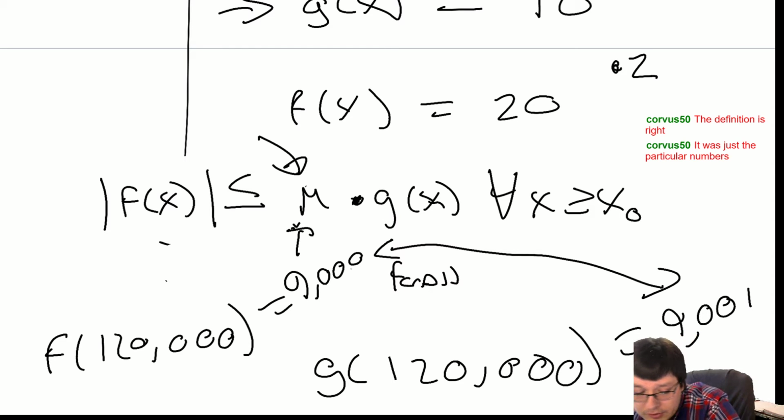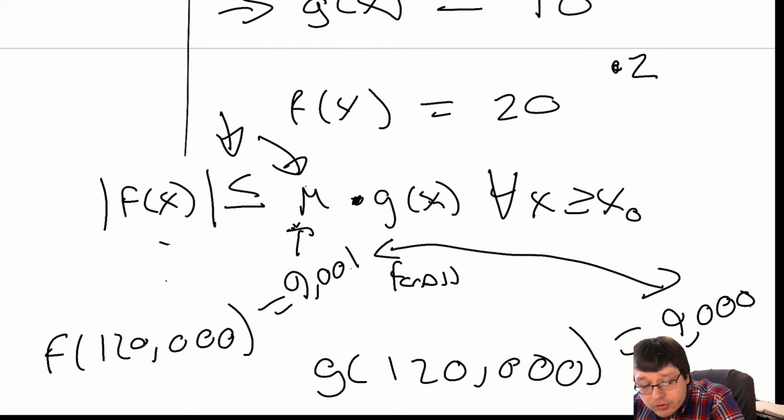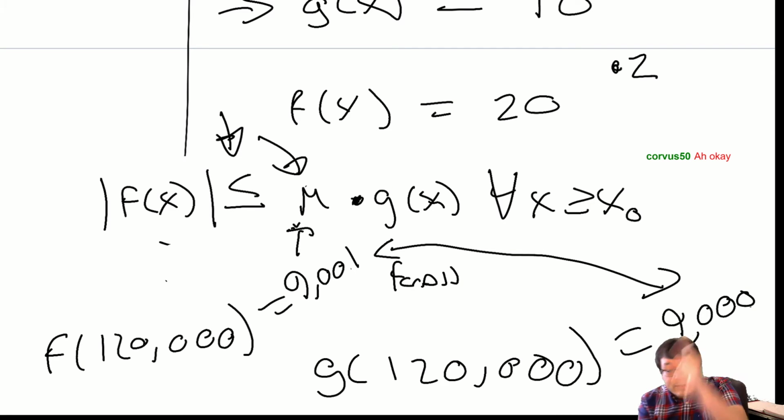So I was okay to say that. So this is 9,001 and this is 9,000. You threw me off. This is okay to say like this. But this thing holds true still because of the m. That's why. So f will have 9,001. g of x will have 9,000. But the m here is going to be bigger to make it okay. Now, what would this be? I don't know. Just put a 2. That makes it big. That makes it 18,000.